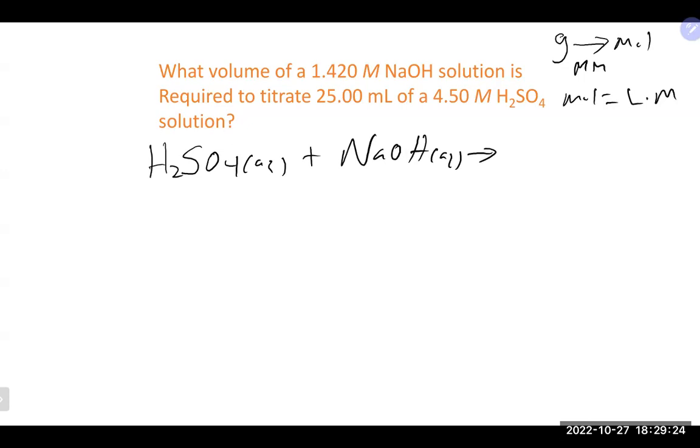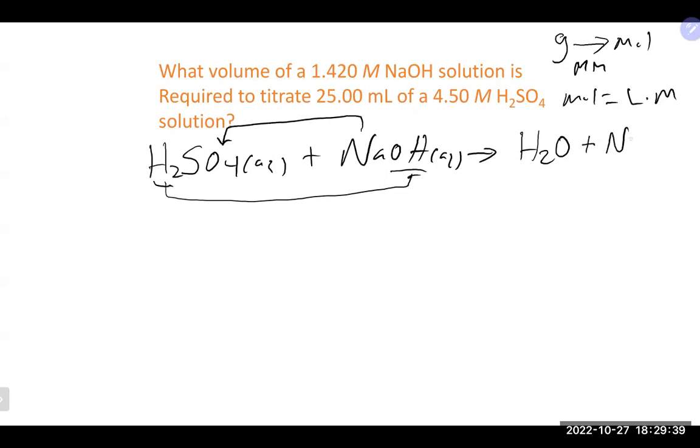Water is going to come from the H from the acid and the OH from the base. This is basically a double displacement reaction, so these two are going to switch partners. That gives us on the back end a little sodium sulfate, which we want to properly balance with a 2 to get the right formula.